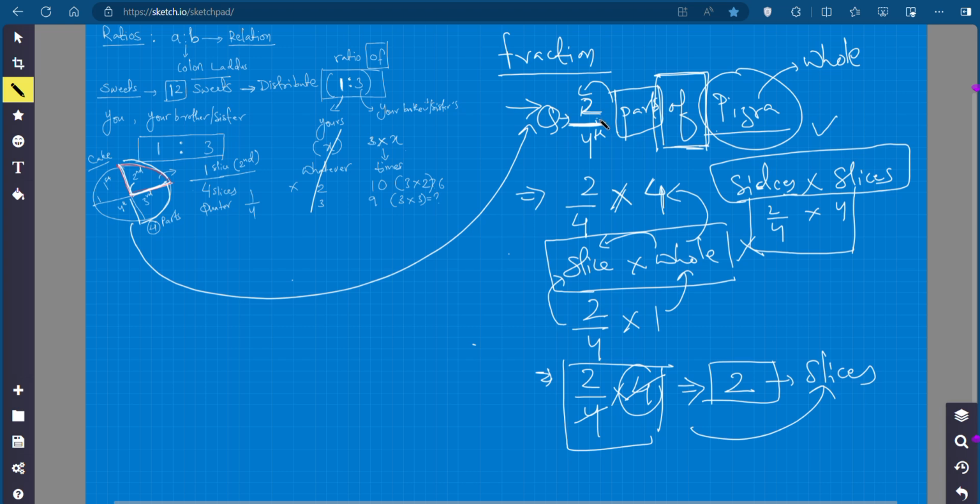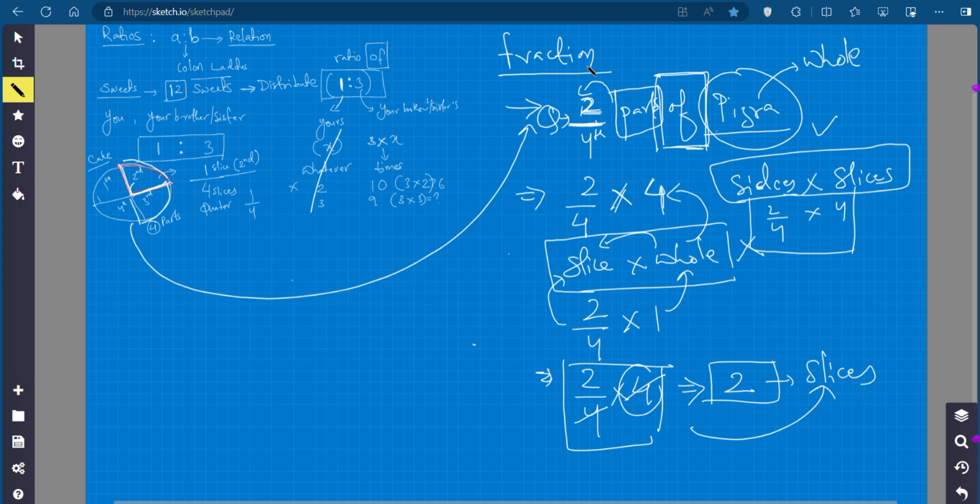In short, I meant to explain how easy it is for us to find a fraction of a whole. It's just a straight multiplication.